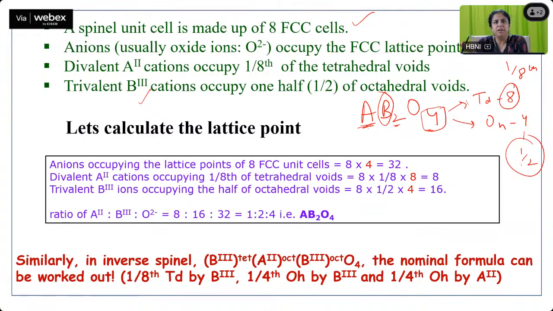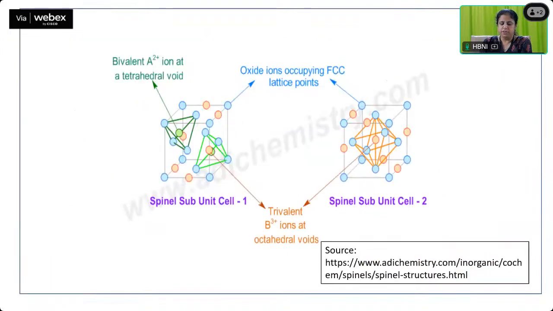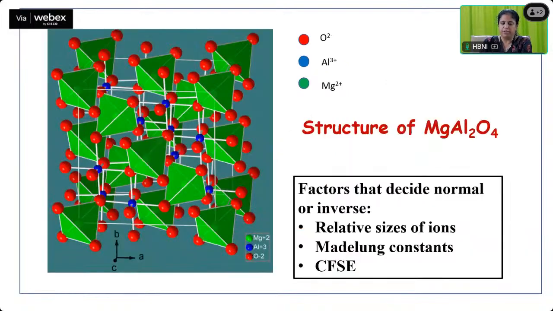For inverse spinel, what happens is your B cation, half of the B cation go to the tetrahedral hole and A entirely moves to the octahedral hole. Okay, that is your inverse spinel. This only shows the occupancy of whatever I just taught. This is how the single unit, the structure of MgAl2O4, which is a spinel AB2O4, looks like.